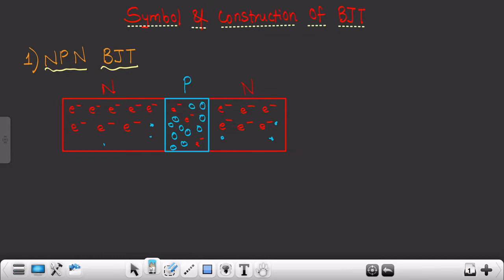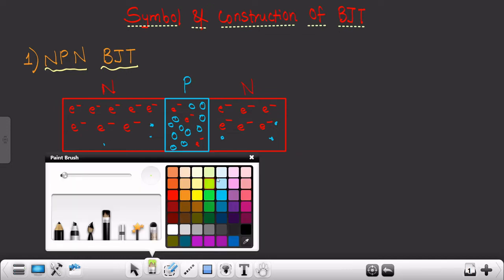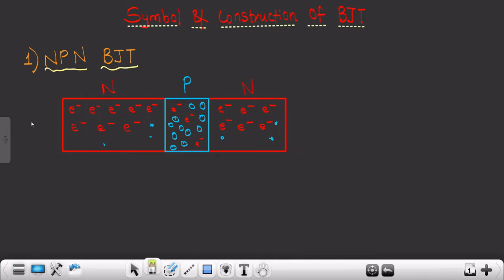Okay, and let me just take 3 electrodes out from this NPN transistor, and then we will see certain things. This is the first electrode, this is the second electrode coming from the P type, and this is the third electrode coming from the N type again.